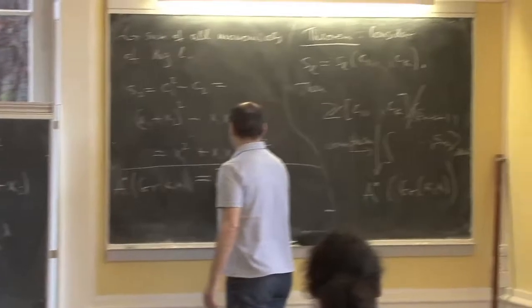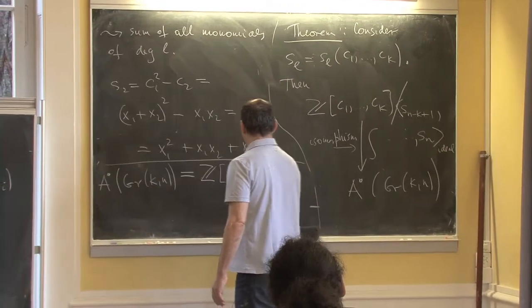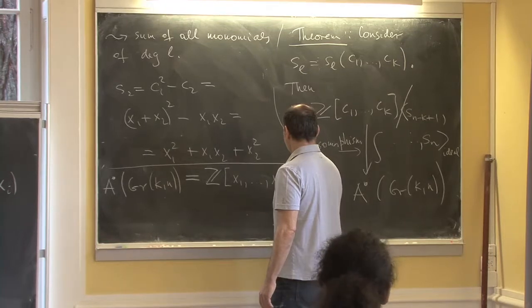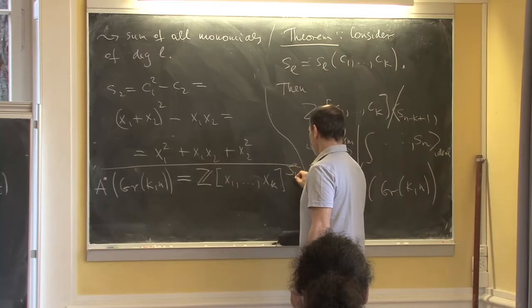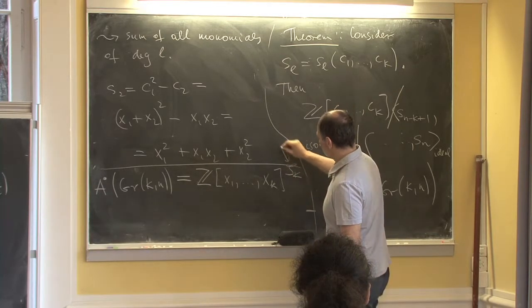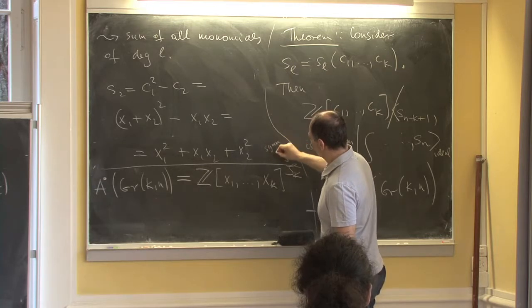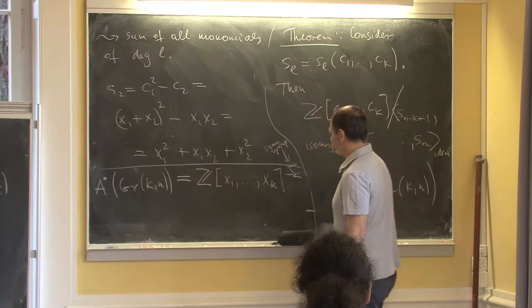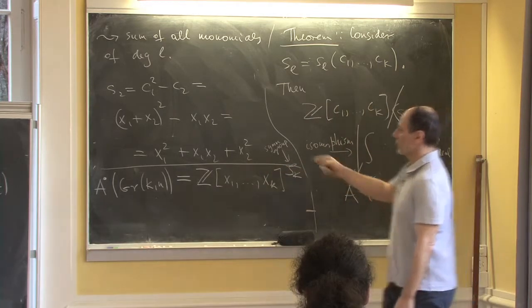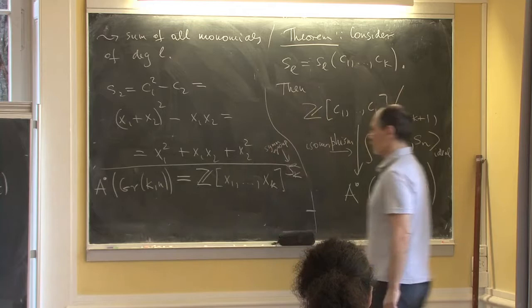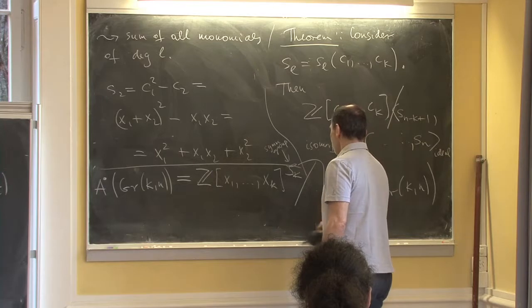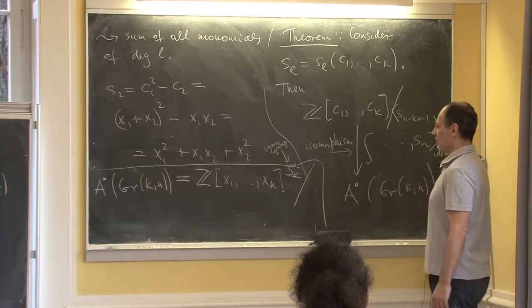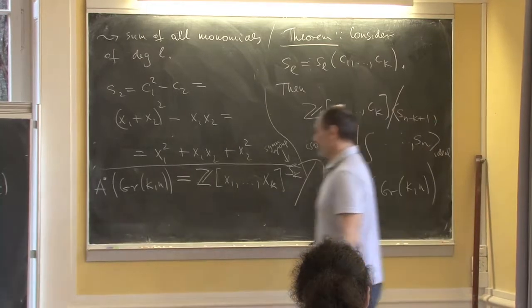It's Z[x1, ..., xk], but now I only take symmetric polynomials, so I divide by the symmetric group S_k. So I only consider symmetric polynomials such as x1 plus x2 or x1 times x2 and things generated by them. And I divide this now by relations, and the relations are these totally symmetric polynomials.